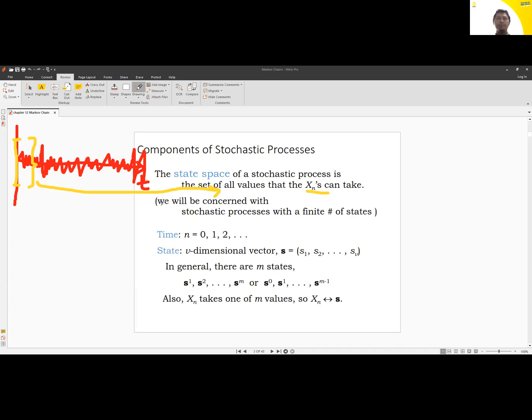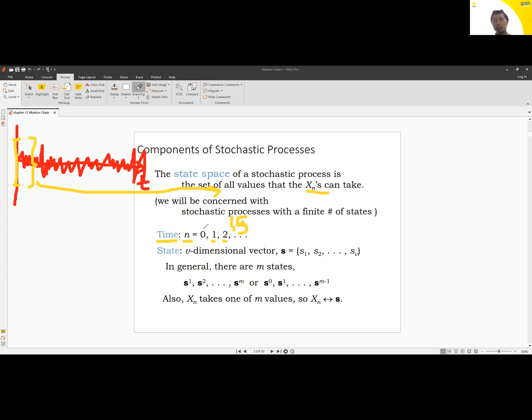Okay, and let's move forward. For example, this is the discrete time. For discrete time we can denote n equal to 0, 1, or 2. Because it is discrete, there is no 1.5.